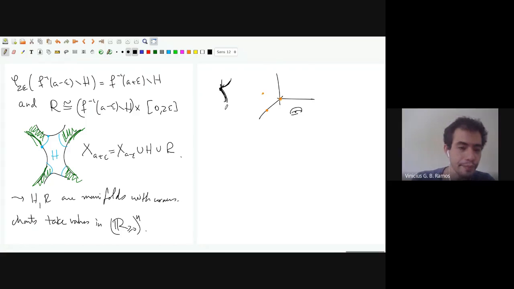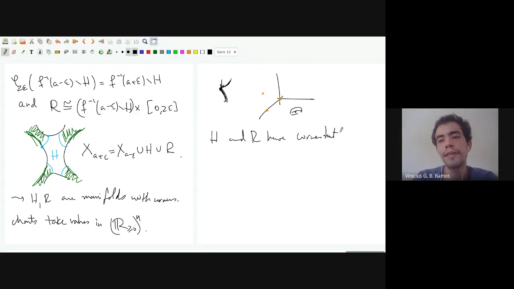But anyway, the thing is that even though H and R are manifolds with corners, when you glue H and R, that becomes a manifold with boundary that glues to another manifold with boundary to give rise to a manifold with boundary. Okay, so H and R have corners, but when you consider the union of H and R, this does not have corners.